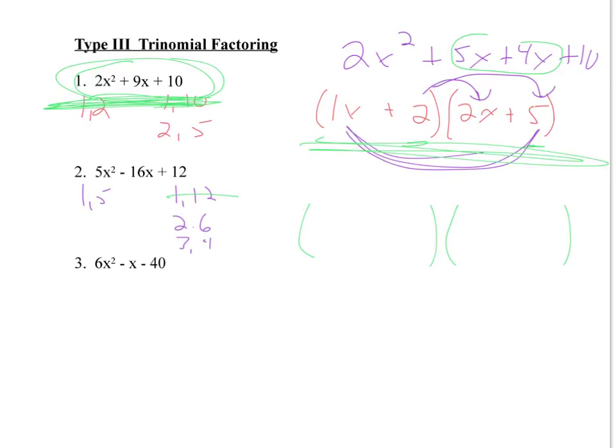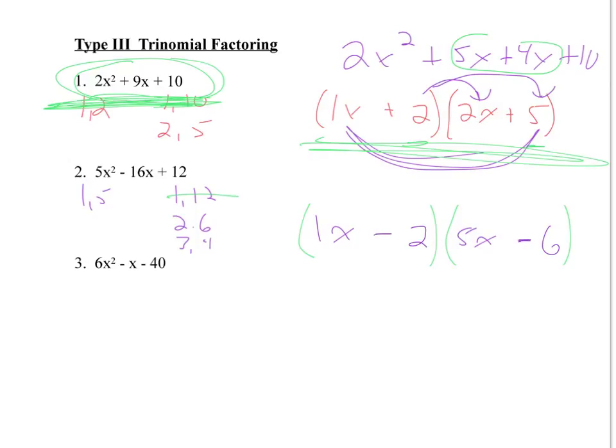So I know I'm going to have 1x, 5x. Notice that my first 1x times 5x is 5x squared. Now the 1 went with the 6, so the 6 is going to be in the other house from the 1. And the 5 went with the 2. So the 2 is in the other house. These are both minus signs.